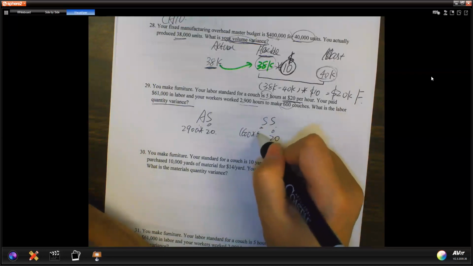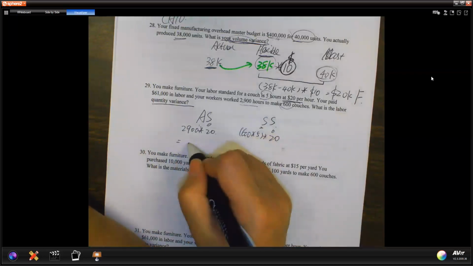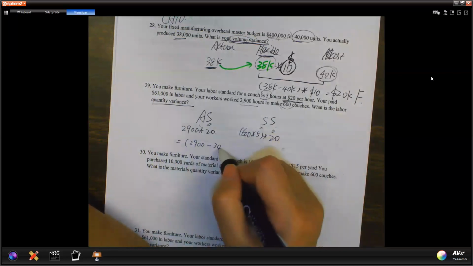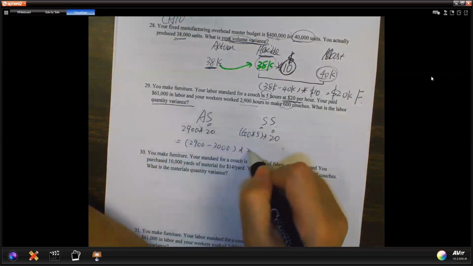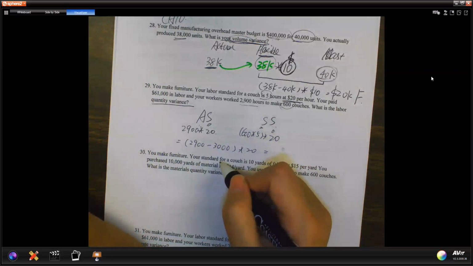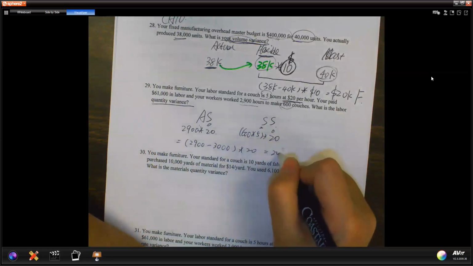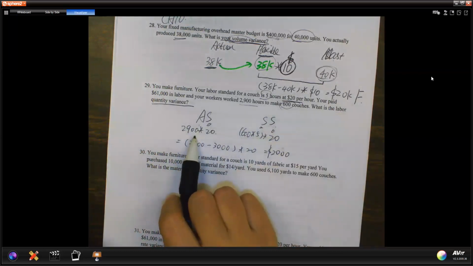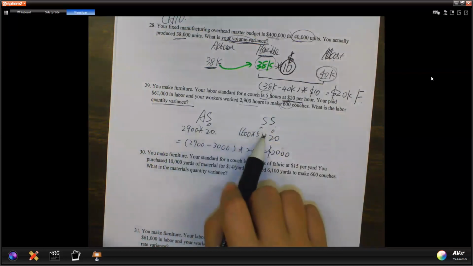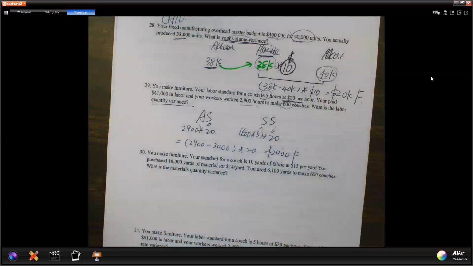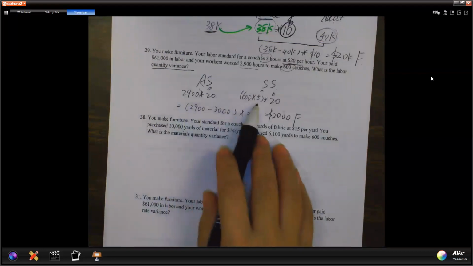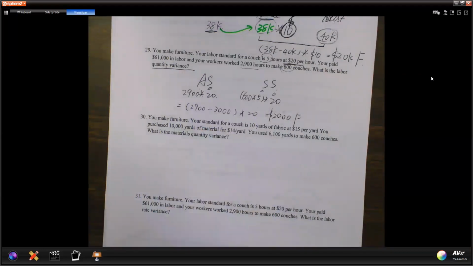So that will be 2,900 minus 3,000 times $20, which gives $2,000 as the variance, and your actual is less than your standard, so it's favorable. $2,000 favorable as the quantity variance. You thought you would use 3,000 hours, you just used 2,900 hours.